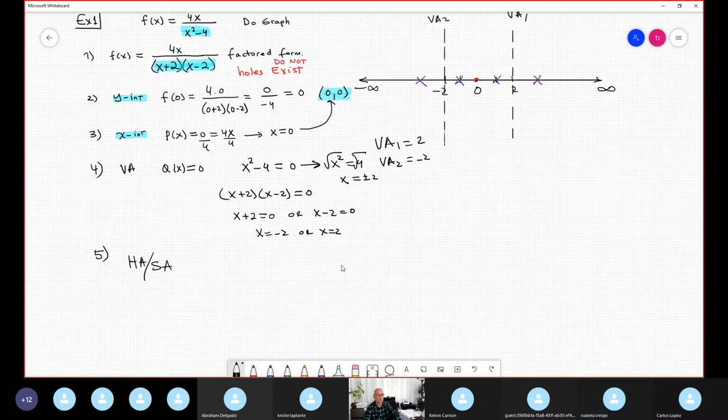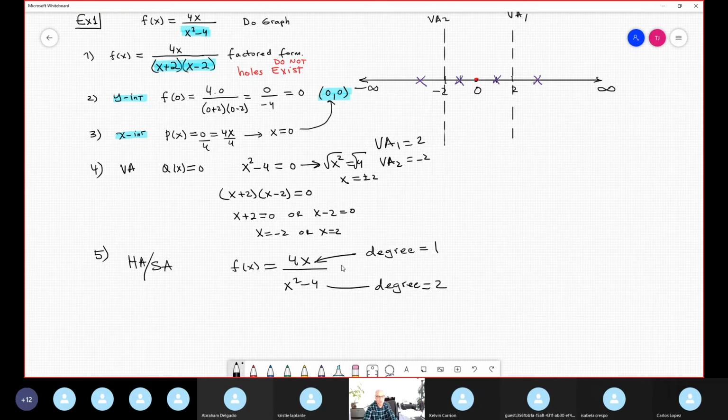I copy again my original function, which is 4x divided by x squared minus 4. Degree analysis. The degree of the numerator is 1, linear. The degree of the denominator is 2. My question is, do we have horizontal special, or horizontal regular? Horizontal special.